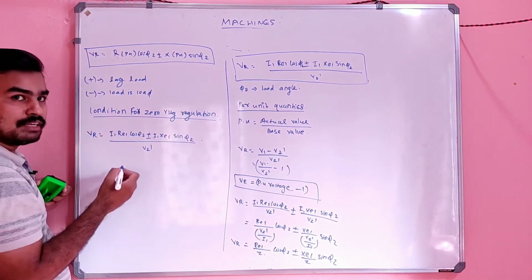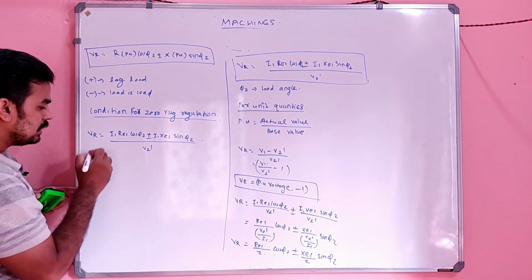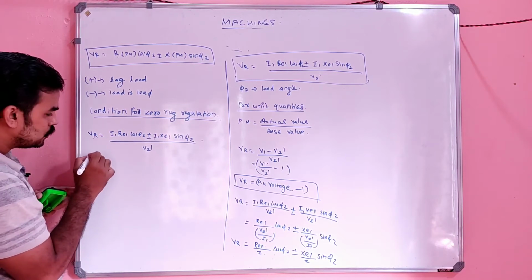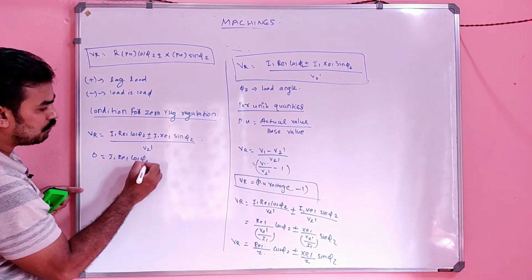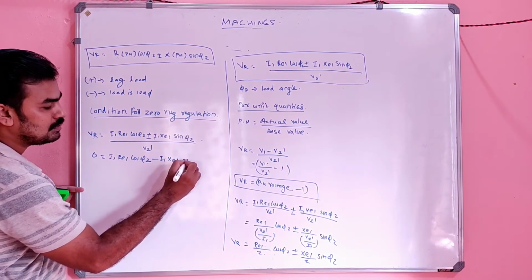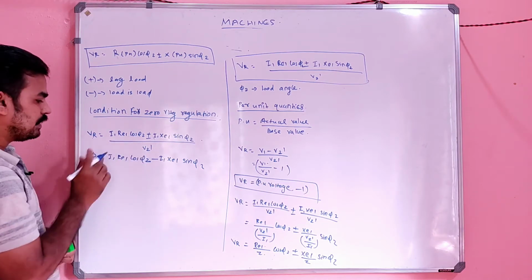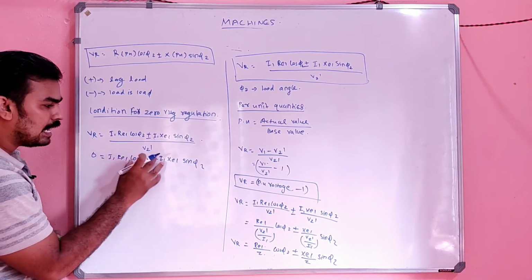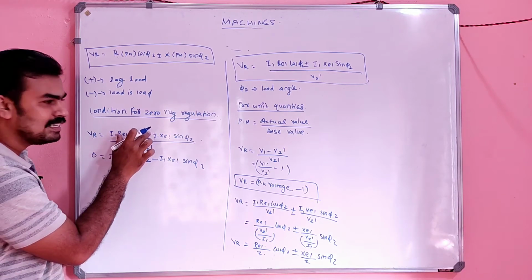For zero regulation, the value will be zero. So 0 will be equal to I1 into RE1 cos phi 2 minus I1 into XE1 sin phi 2. Why do I put a minus here? Because LHS is 0, which means RHS also must be 0, and that is only possible when it is minus here.